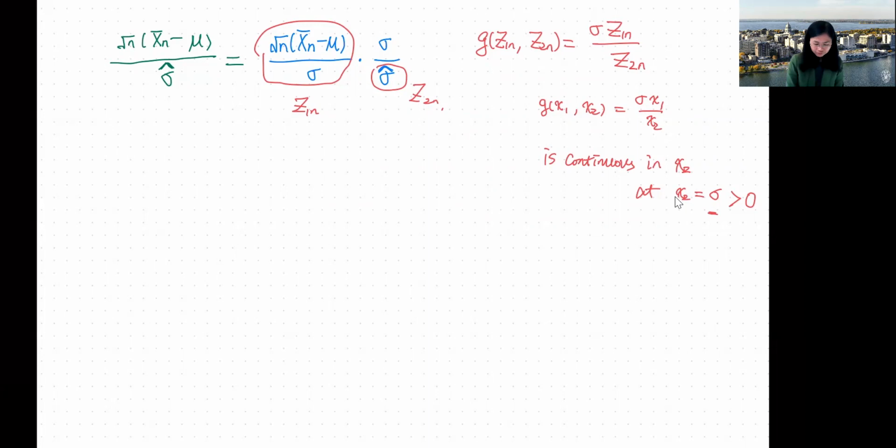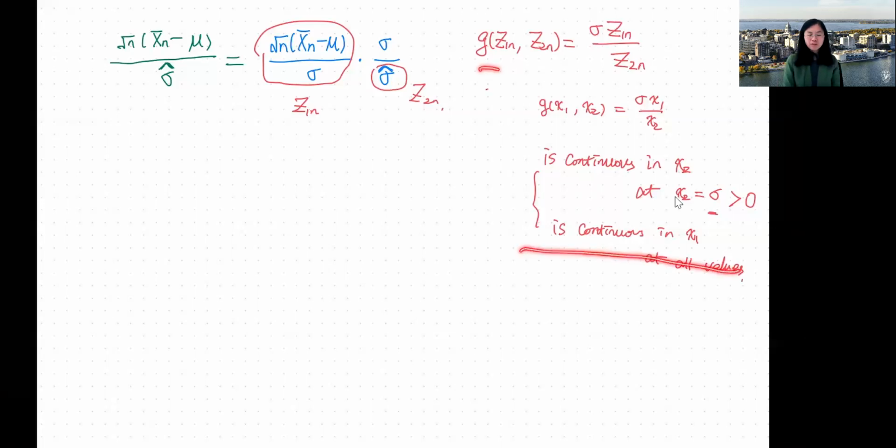And it's also continuous in the first argument at all values. Therefore, the g function satisfies the requirement of the continuous mapping theorem.